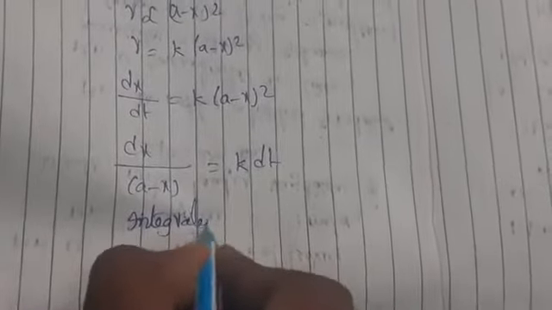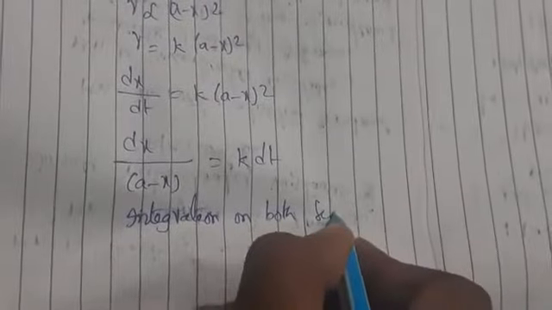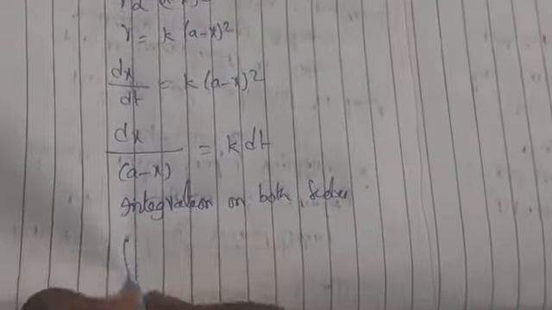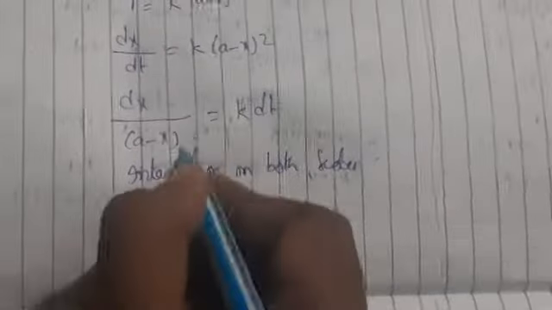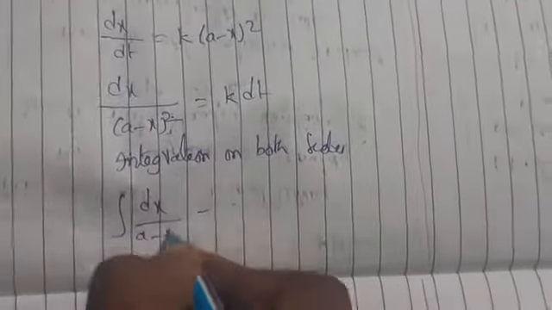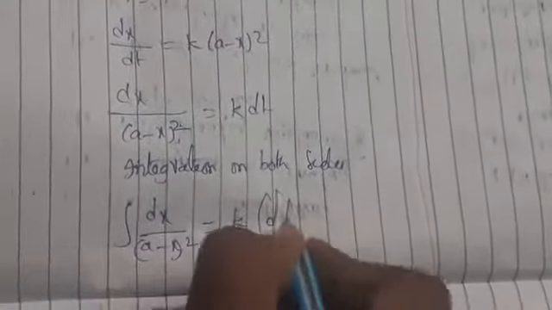dt. So when you do integration on both sides, what are we going to get? Integration of dx by (a minus x) whole square is equal to k into integration of dt.